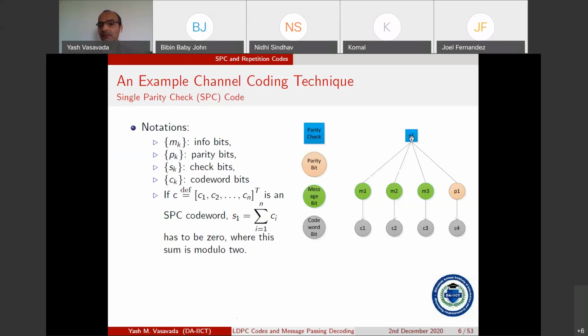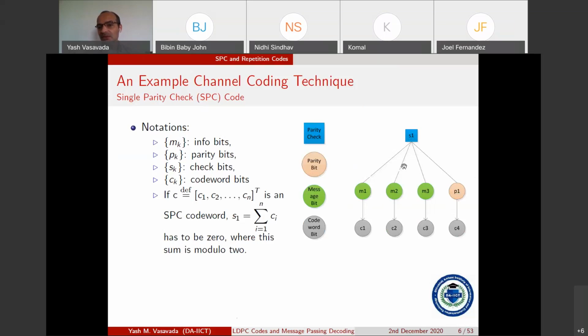And at the transmitter, what the transmitter says is that I will make this supervisory bit S1 to be 0. And in order for S1 to be 0, I will play around with P1. After I get the 3 message bits, which can be arbitrary, there can be 8 possibilities of these 3 message bits, I will look at a particular sequence of the 3 bits that I got, and then I will make P1 to be either 0 or 1 so that S1 is always 0.